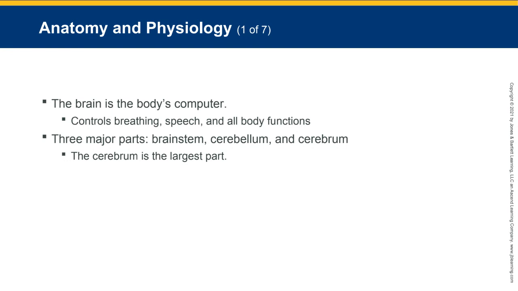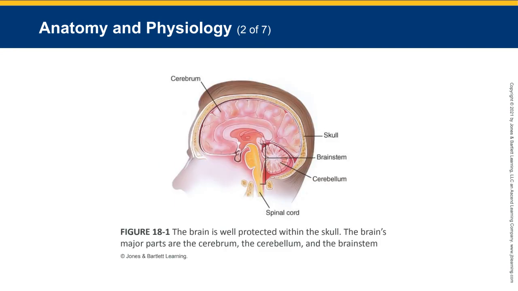as an EMT. The cerebrum is the largest part of the brain, and it deals with all our conscious thoughts, things that we need to think about. All the conscious functions within the body that we have to think about is going to be the cerebrum. The cerebellum is responsible for balance and coordinated movement.